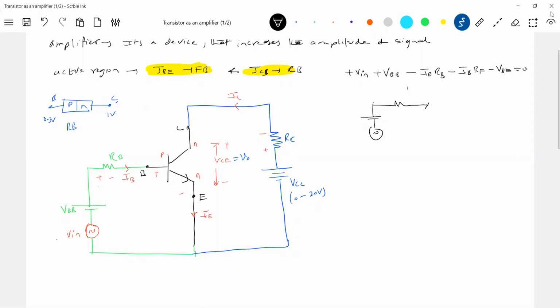So the base, shall I show it like this? This is P type, no? P type. There's a base. There's an N type. This was the circuit. Are you seeing any junction?